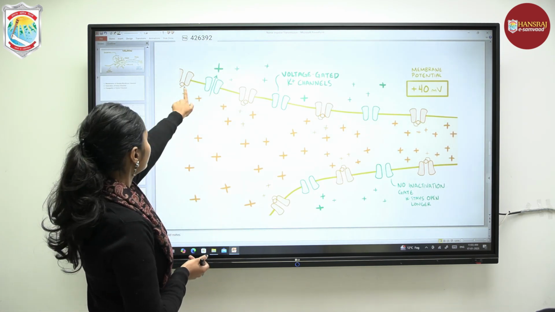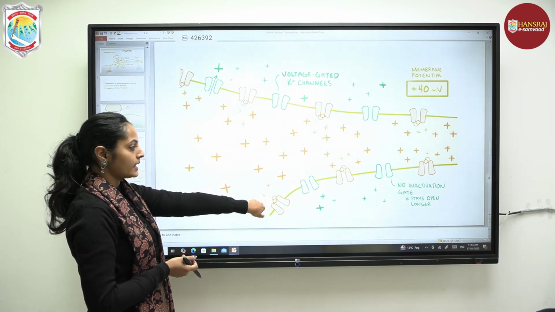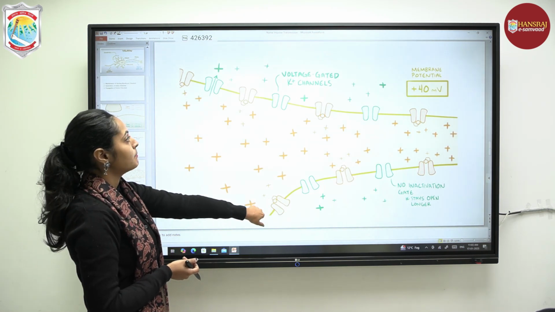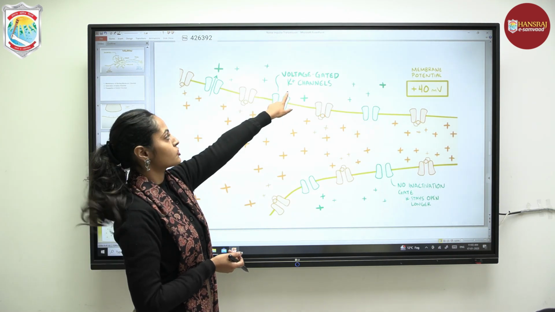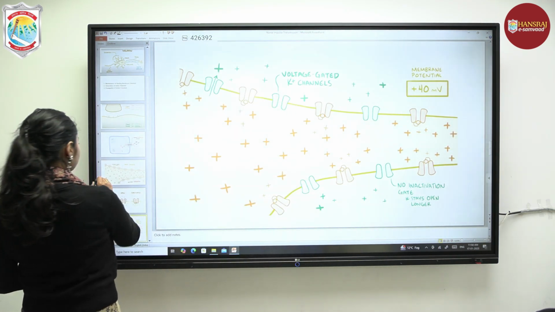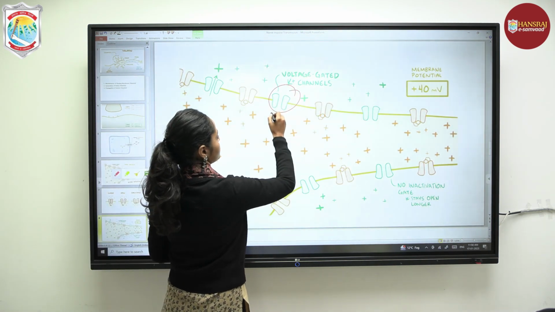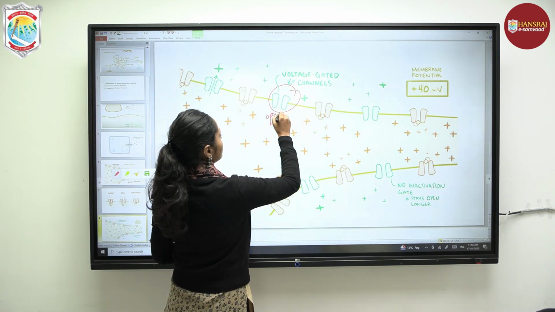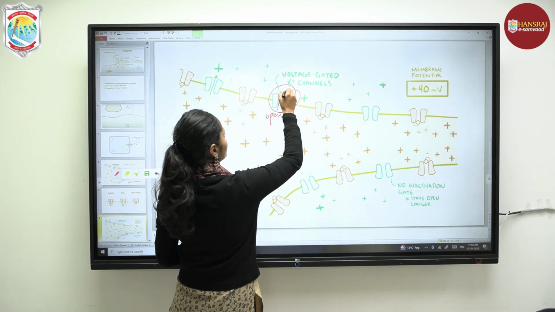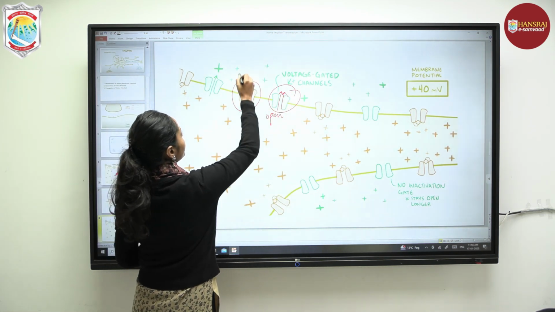So the voltage gated sodium channels are inactivated, but voltage gated potassium channels, they open. So these are voltage gated potassium channels, they open. So the potassium goes out, and these are voltage gated sodium channels.